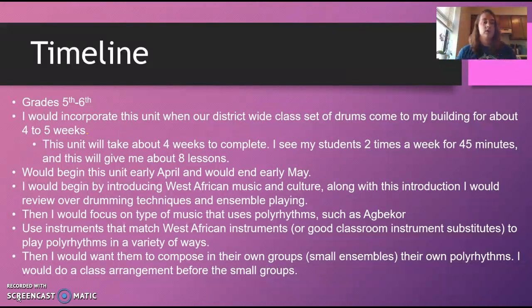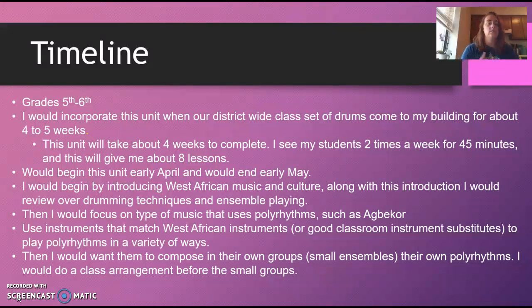Early on in this unit, I would want to go through introducing the music and culture, also reviewing drumming techniques that I would need my students to know how to play, and just general ensemble playing. I would focus on the type of music that uses polyrhythms after we get some of the foundational stuff secure.